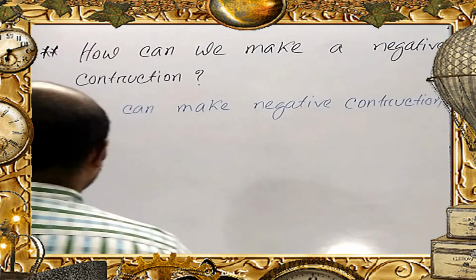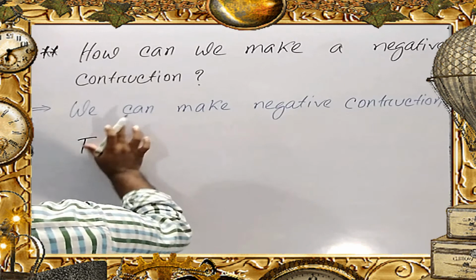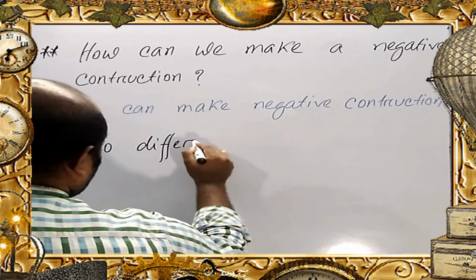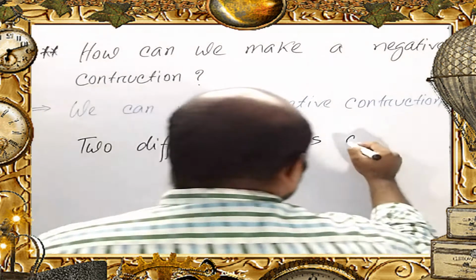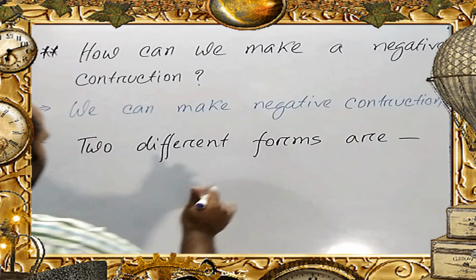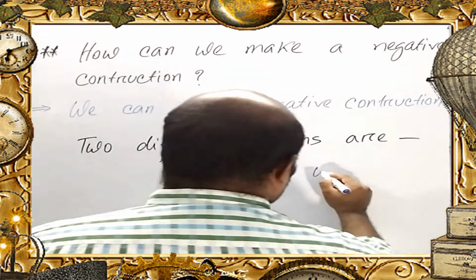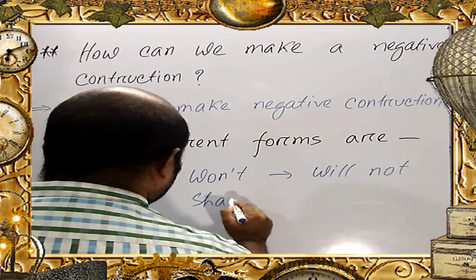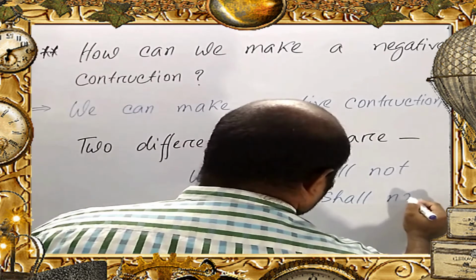Two different forms are, we know already that, won't, that is from will not, and shan't, which is from shall not.